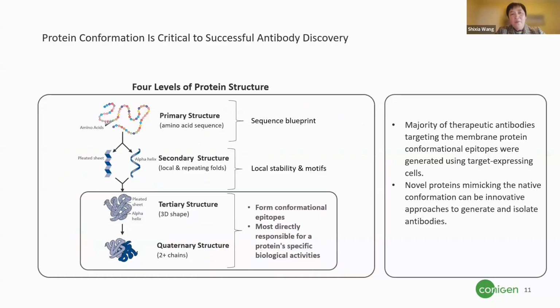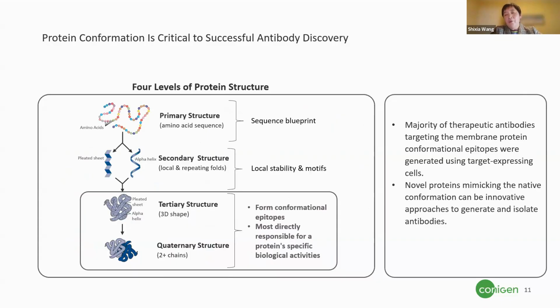We all know proteins have four levels of structure: primary, secondary, tertiary, and quaternary. All these structure levels are important to protein function. However, the tertiary and quaternary structures form the conformational epitopes, which are more directly responsible for each protein's specific bioactivities and functions.